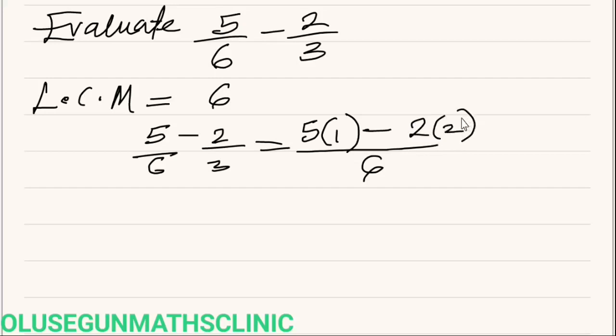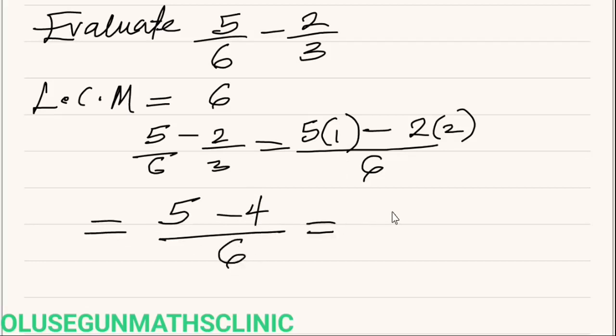That is just the logic to use to solve any fractions like this, as simple as it is. So 5 times 1 is 5, minus 4 over 6, which is equal to 1 over 6. So that is the answer for that.